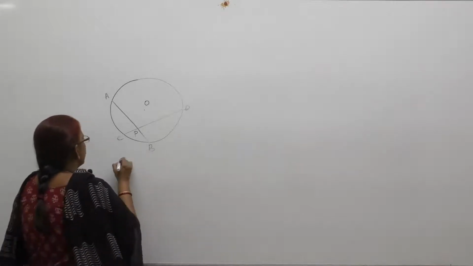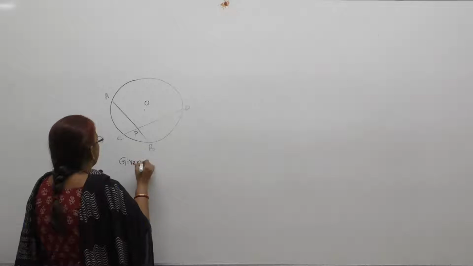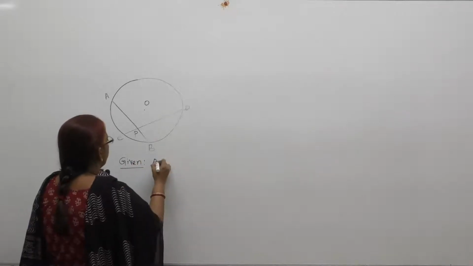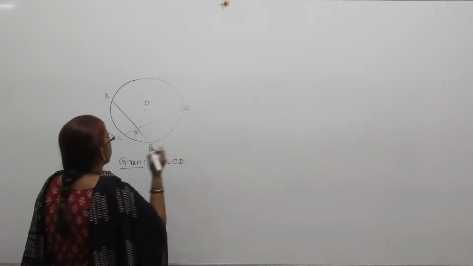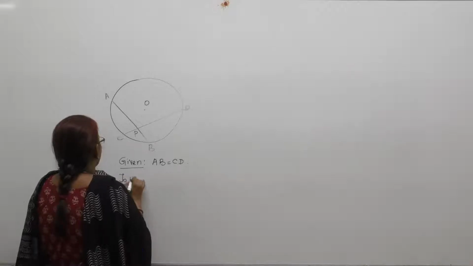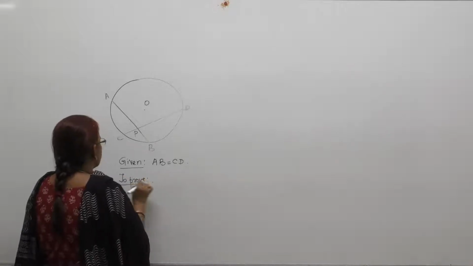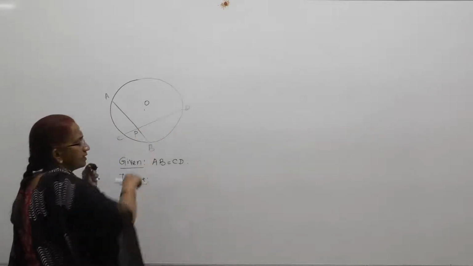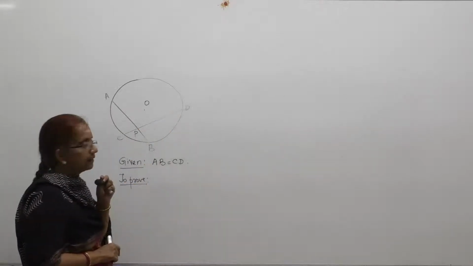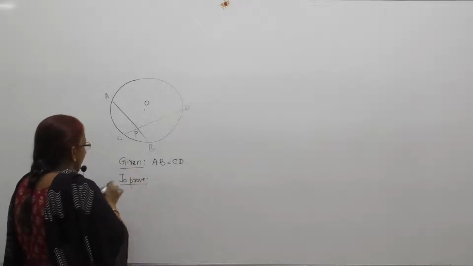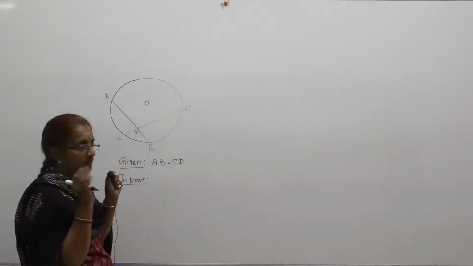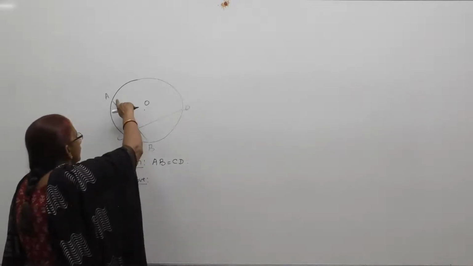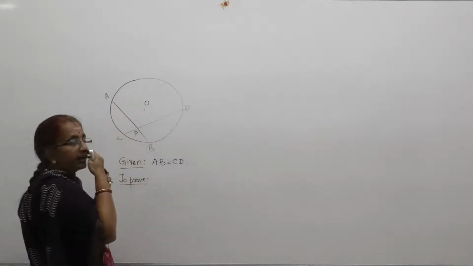So what is given in this problem? We've been given that AB equals CD. Let us understand what is to be proved. When two chords intersect, each chord is cut into two segments.